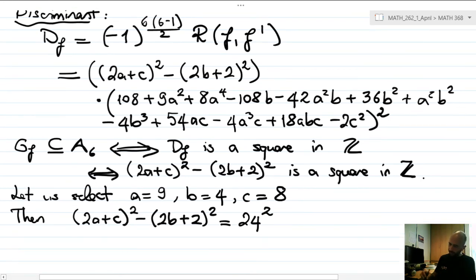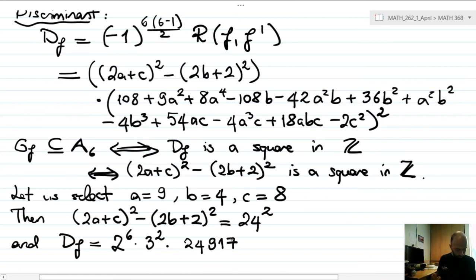And then you go back and compute the discriminant, again by some software, and it turns out to be 2 to the power 6, 3 to the power 2, and this quite large prime squared. Okay, that's what comes out. But the point is, it is a square.